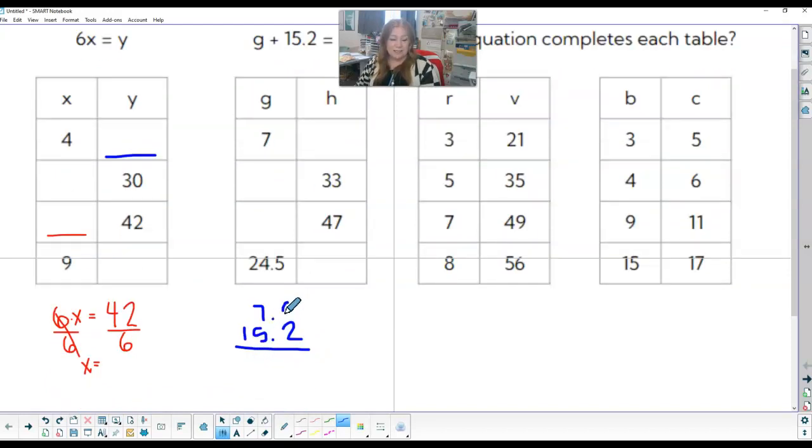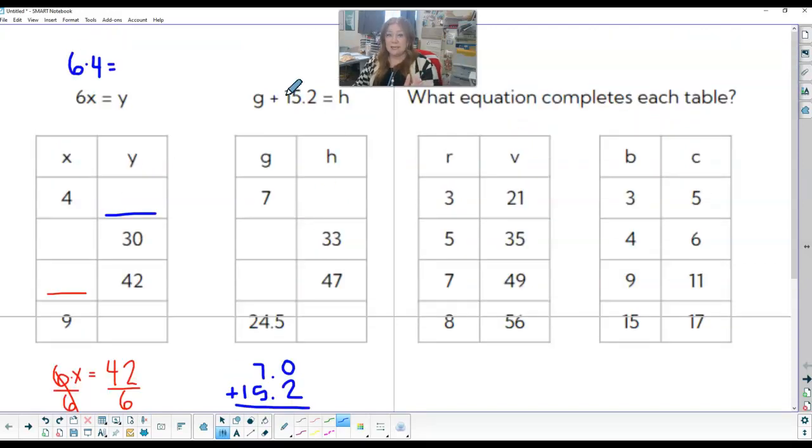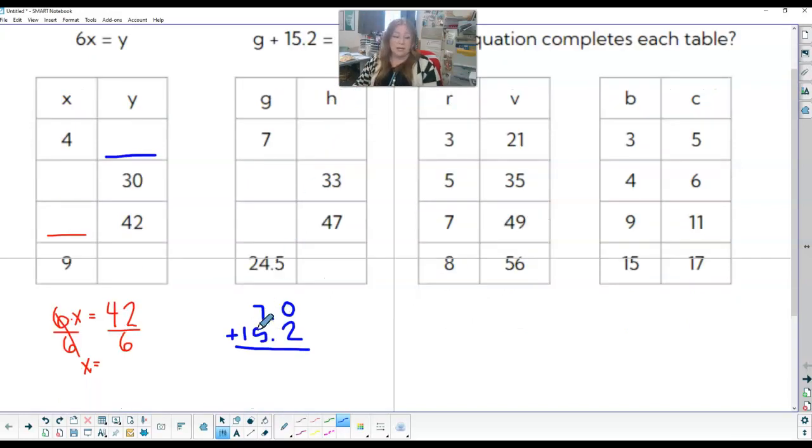So we need to line up our decimals and add those together. We're not doing the opposite because h is already by itself. We're just putting these together. What is h? Go ahead and do that, and that will tell you what h is.